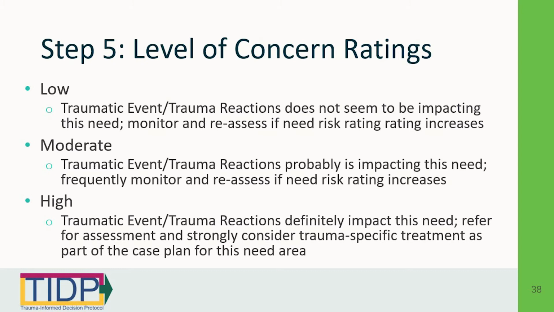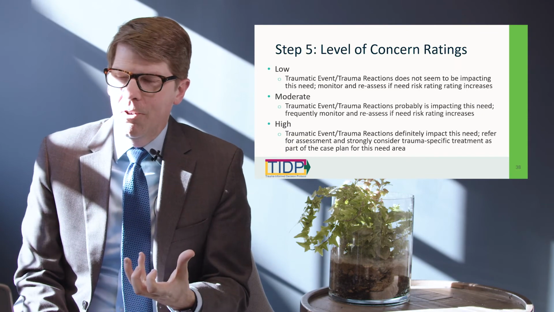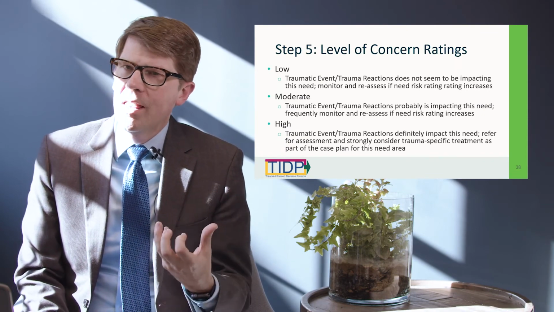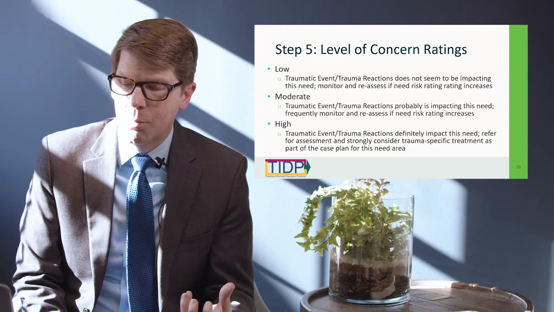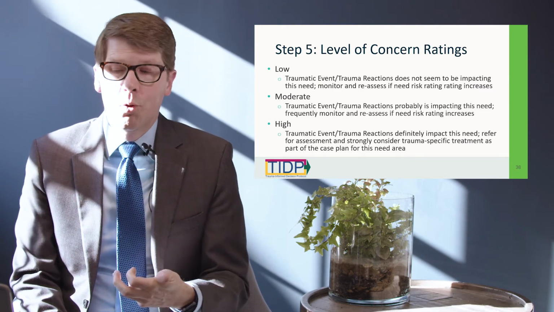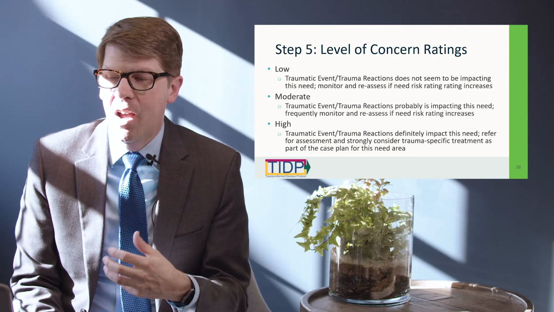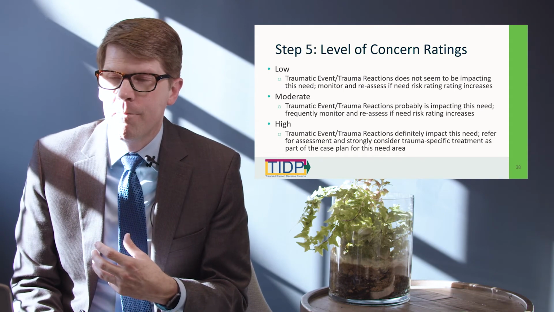You find that you can see a connection between that past event or this current trauma reaction and how it might be impacting this high-risk substance abuse score or this high-risk peer relations score. And what that would likely indicate is a signal that you would want to definitely think about referring that youth for further assessment and strongly consider to what extent you might need either trauma-informed or trauma-specific treatments as part of the case plan for that need area as well.